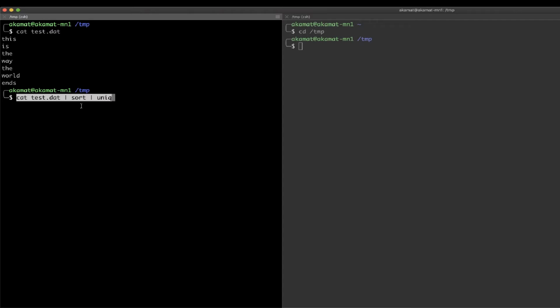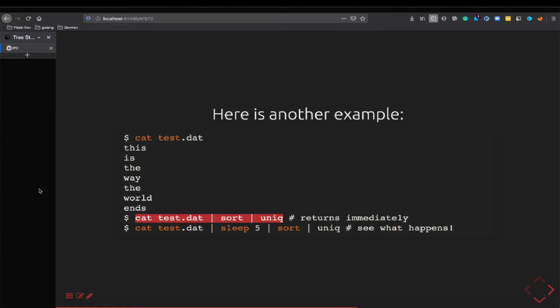Sort is another command which accepts an input, sorts the words in alphabetical order and gives the output to uniq. Uniq receives the output of sort, and then prints only the unique elements in the entire file. If you notice, "the" was repeated twice and it has been removed, and these words are printed in alphabetical order. So this is a very simple example.